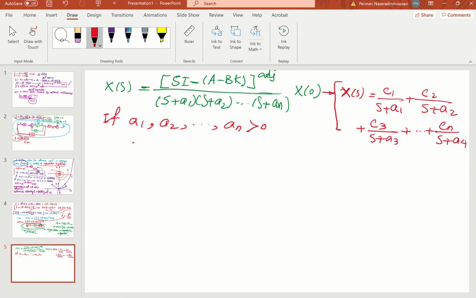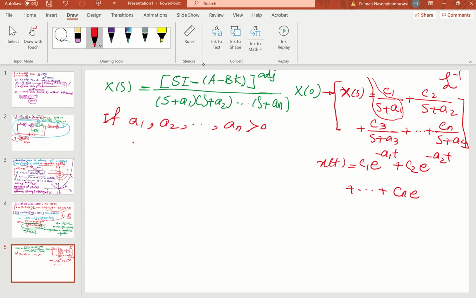Now if you want to find the solution in time, you have to apply the inverse Laplace. So x(t) is going to be C1 e^(-A1 t) plus C2 e^(-A2 t) until Cn e^(-An t). This is n. I'm getting older, guys.